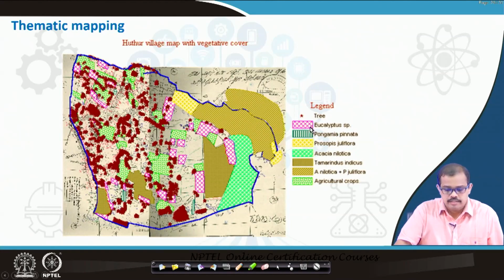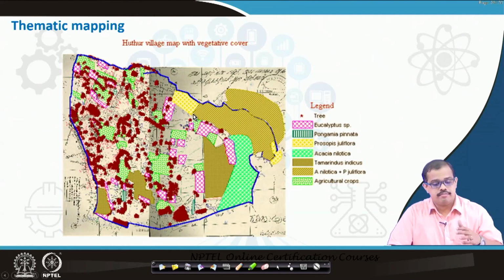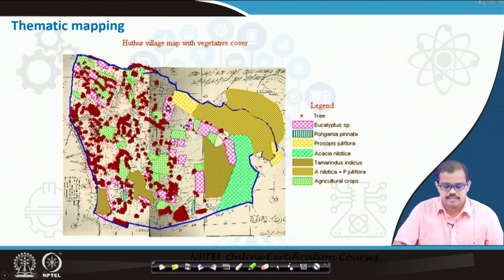For example, here the pink color shows the eucalyptus species in this region. So where it is can be easily seen. Anyone looking at this map in the GIS system can say, these are the places where eucalyptus trees are.